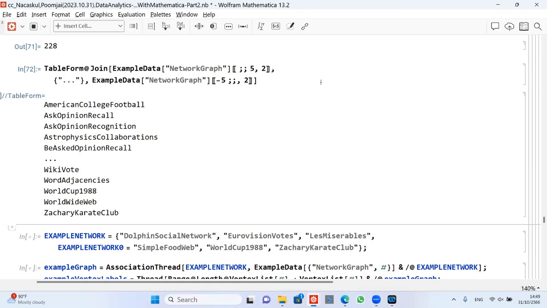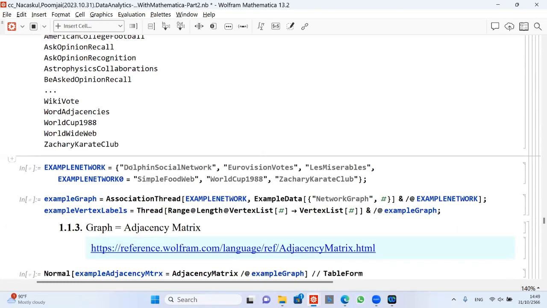Now, this is my convention. You can follow this or not if you like. Whenever I define something global, I tend to use big capitals, like this list, my example network, which I'm going to use for the rest of my textbook. So I'm going to have dolphin social network, which dolphin swims with which dolphins.